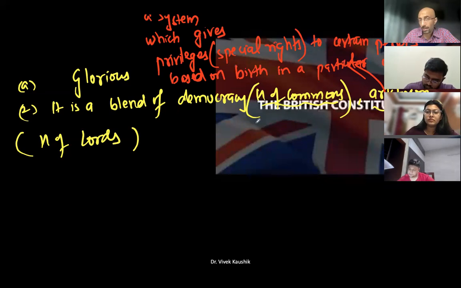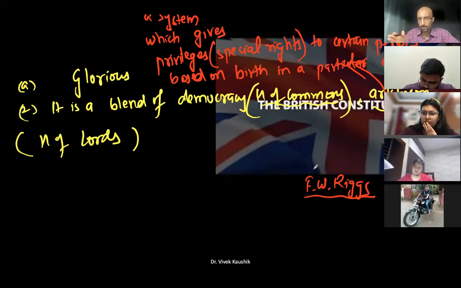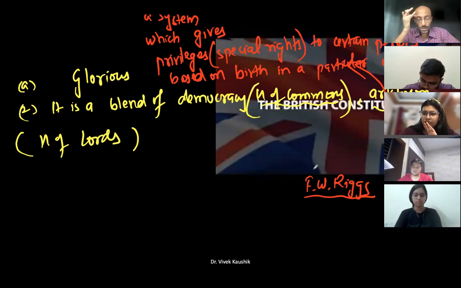Now, who will tell me what was the term that F.W. Riggs used for this concept? When he compared the fused versus prismatic societies, he gave some feature comparison. What was this called?